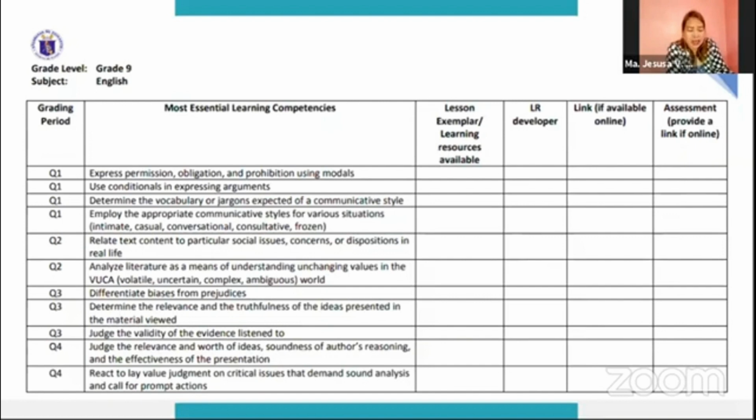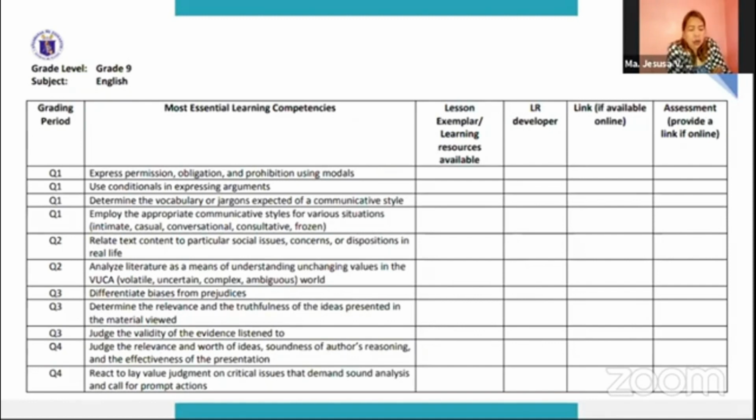Next is analyze literature as a means of understanding unchanging values in the volatile, uncertain, complex, ambiguous world. Sometimes we have a hard time understanding our learners, but we have to keep abreast. We have to embark on what they think is correct. But if it talks about values, it is a different thing.